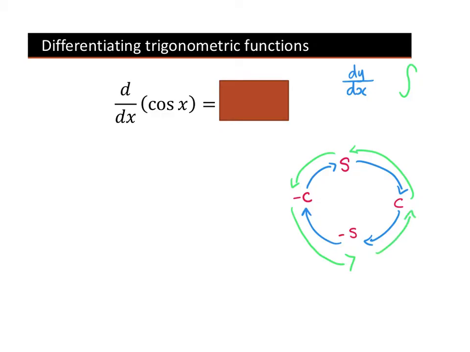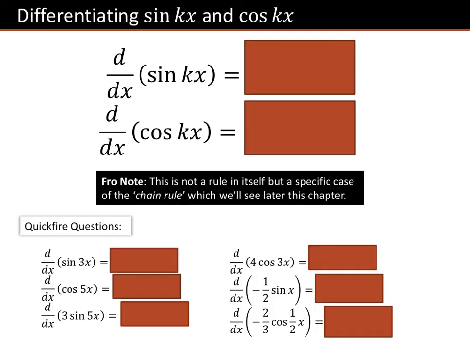So if we're going to differentiate cos, using our lovely little diagram, the differential of cos is minus sine of x. Nice and simple. Okay then, so here we go. If we are differentiating sine of kx, and you can see here our coefficient of x has a constant, okay?